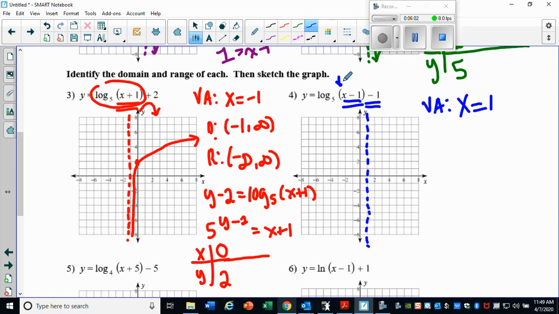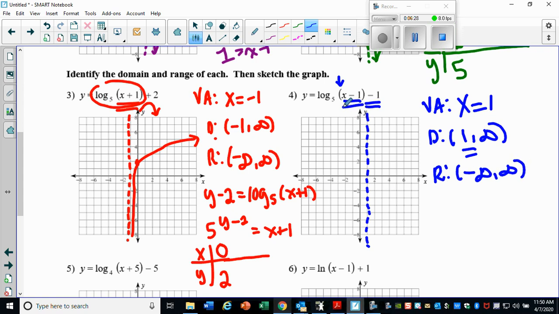Since this x right here is positive, that means it's on the right. If it's negative, it's going to be on the left. Well, since that's positive, we know it's going to be on the right. So that tells us our domain is going to be 1 to infinity. And actually, that domain is going to help me pick correct values of x and y that are going to work. So my range is going to be, we know this is always the same, negative infinity to infinity.